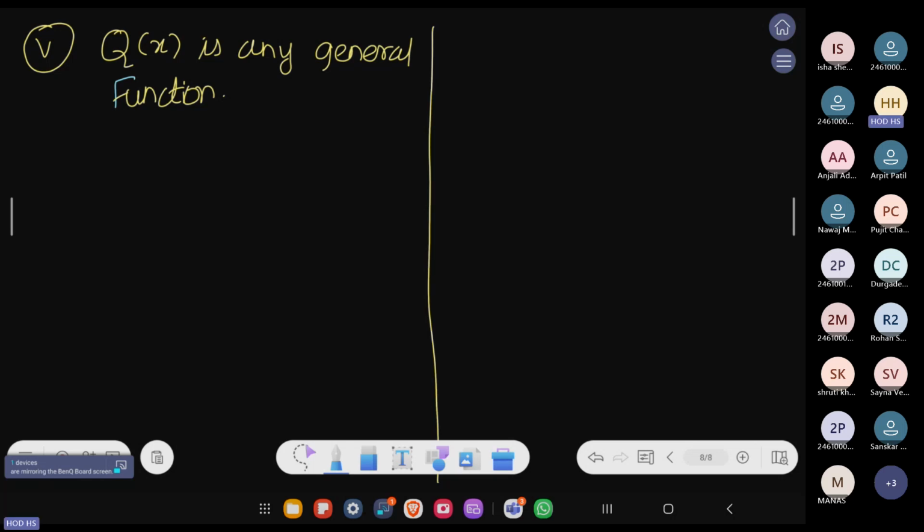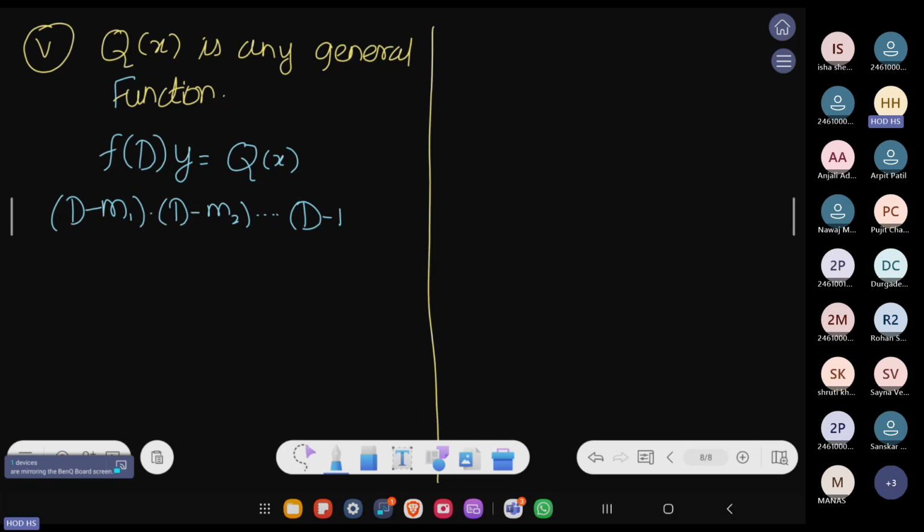So notice that the given equation always says it is f of d times y is equal to q of x, right? But this f of d can be written as d minus m1 into d minus m2 and so on till d minus mn times y is equal to q, right?